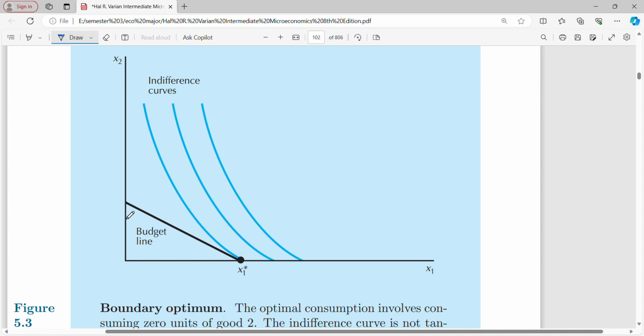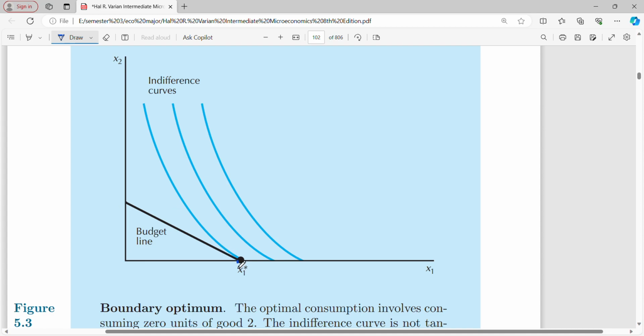That might be because the price of x2 is larger than x1. So we'll be studying more examples based on this. So this can be because P2 is greater than P1. Okay, whatever the reason may be, here the consumption of x2 is 0.